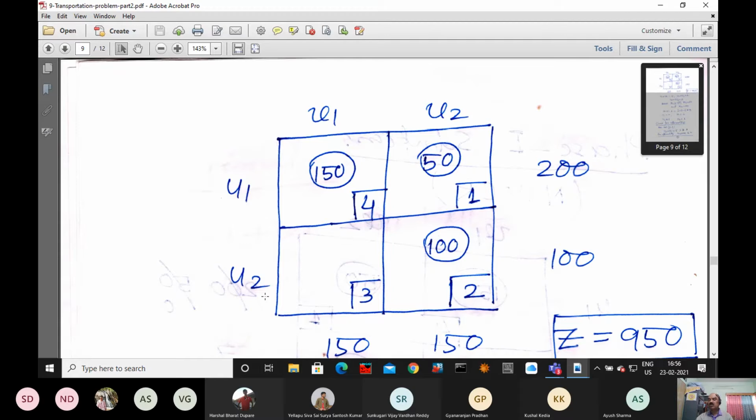U1 equal to 0, U2 equal to 2, V1 equal to 4. So 2 plus 4, how much is it? 6. 6 is not less than 3. It is greater than 3. So this condition is not fulfilled. So even though they are equal, we are unable to say that it is optimal.